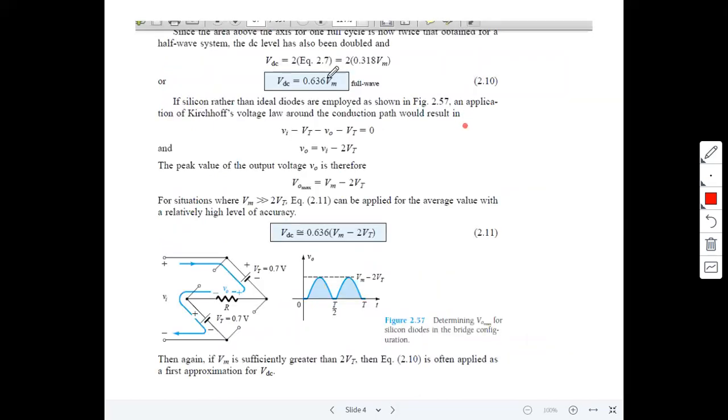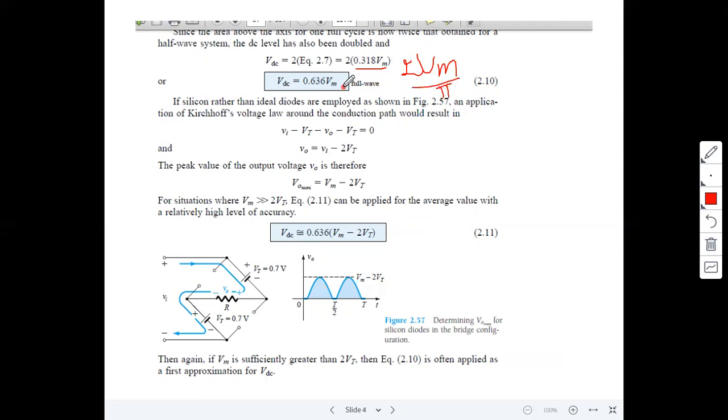Okay, coming to the DC or average value, VDC is equal to 2 Vm by pi, that is equal to 0.636 Vm, right? For the half wave rectifier it is Vm by pi, 0.318, whereas in the full wave rectifier the DC value is equal to 2 Vm by pi.